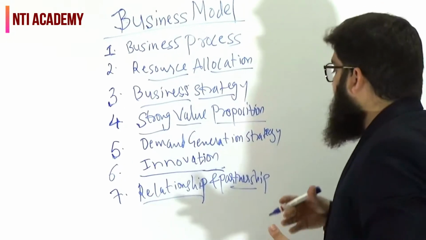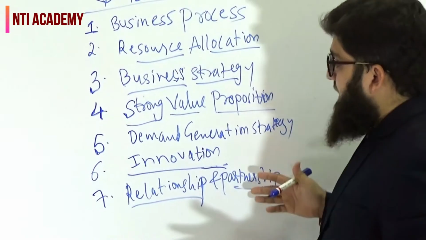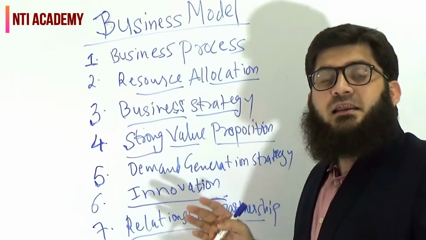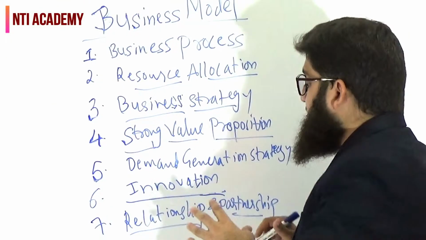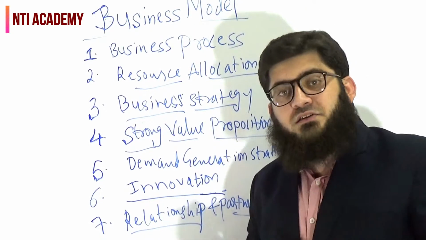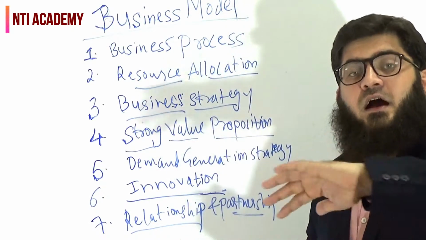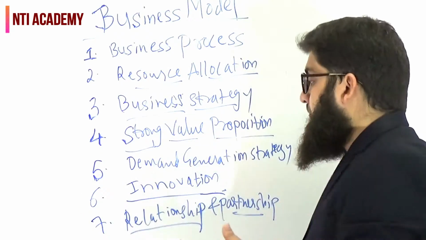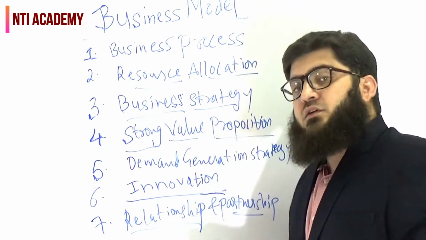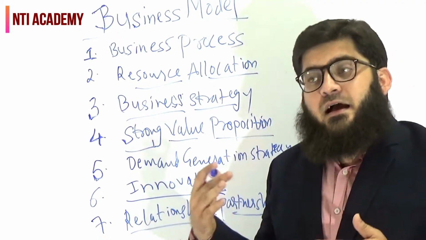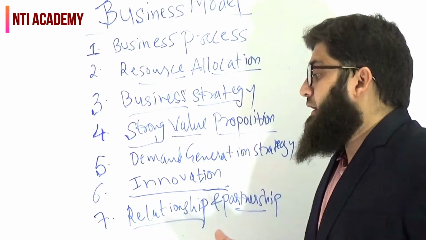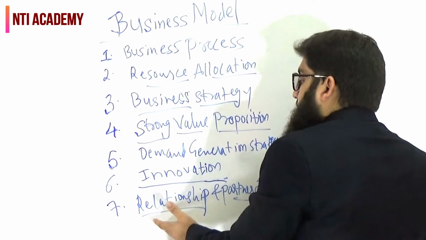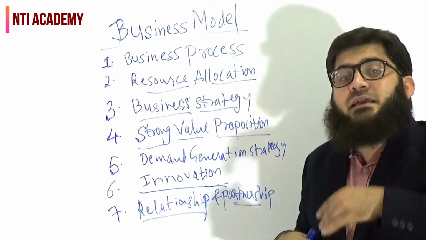Relationship and partnership are important in the sense that companies have good relations internally, externally with customers, with suppliers, distributors, and business partners. Having good external relationships also helps the company in acquiring, for example, technological transfer.